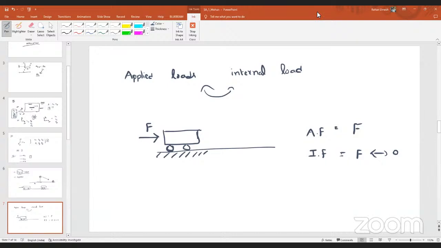I think you can comment in the chat session, or you can just raise your hands. Who agrees with 0? Yeah, Ramesh said minus F. Okay, and any other guys? Let me see the majority. Ramya minus F, Anita minus F.